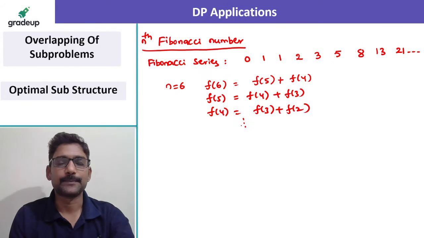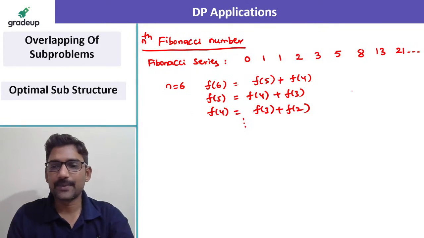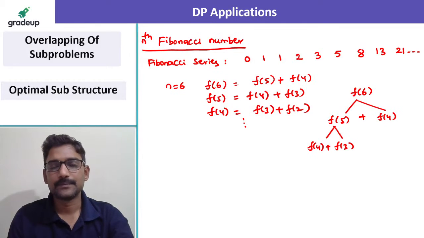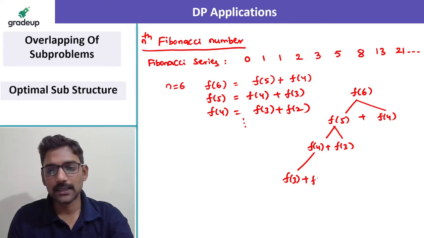Like this, if I represent this in the form of a tree, the sixth Fibonacci number is the summation of the fifth and fourth. The fifth is again the summation of the fourth and third. The fourth is again the summation of the third and second.